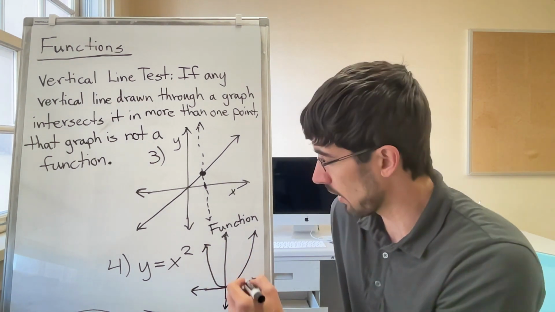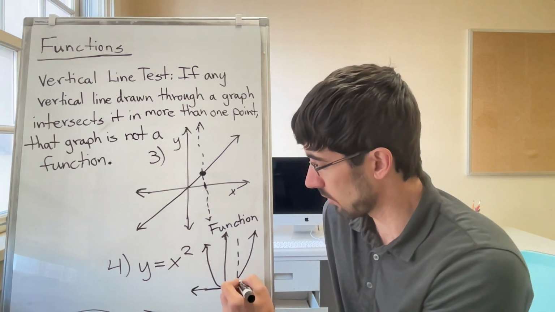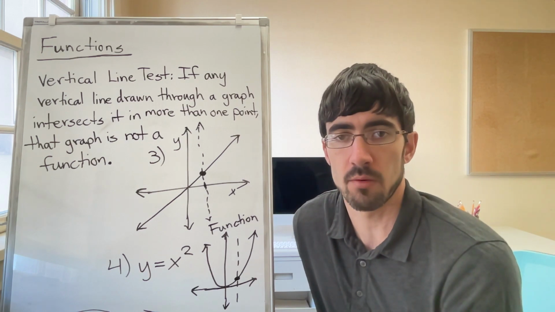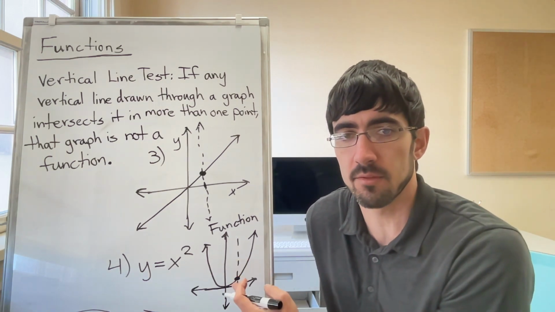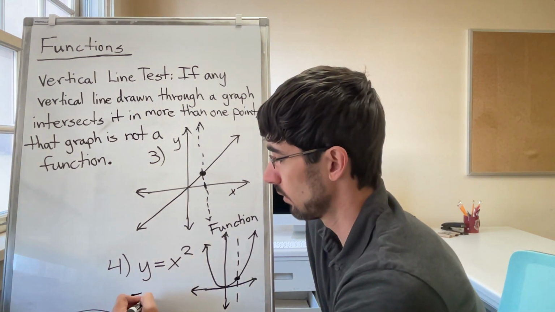So here's the graph. I draw vertical lines anywhere through this graph, and a vertical line will cross the graph in exactly one point, never more than once. So because it passes the vertical line test, this equation is also a function.